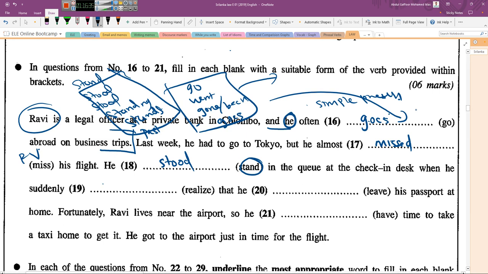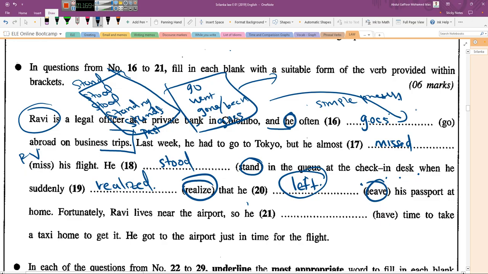So here realized that he left his passport at home, right? So he left. Now leave, left, leaving, leaves. So he left his passport at home.